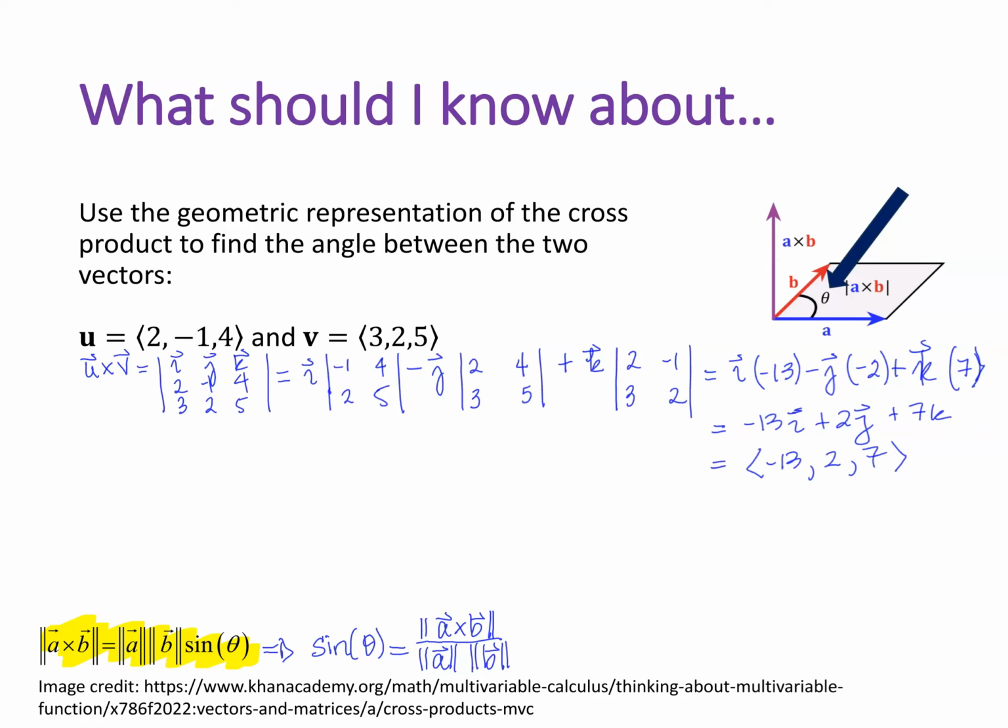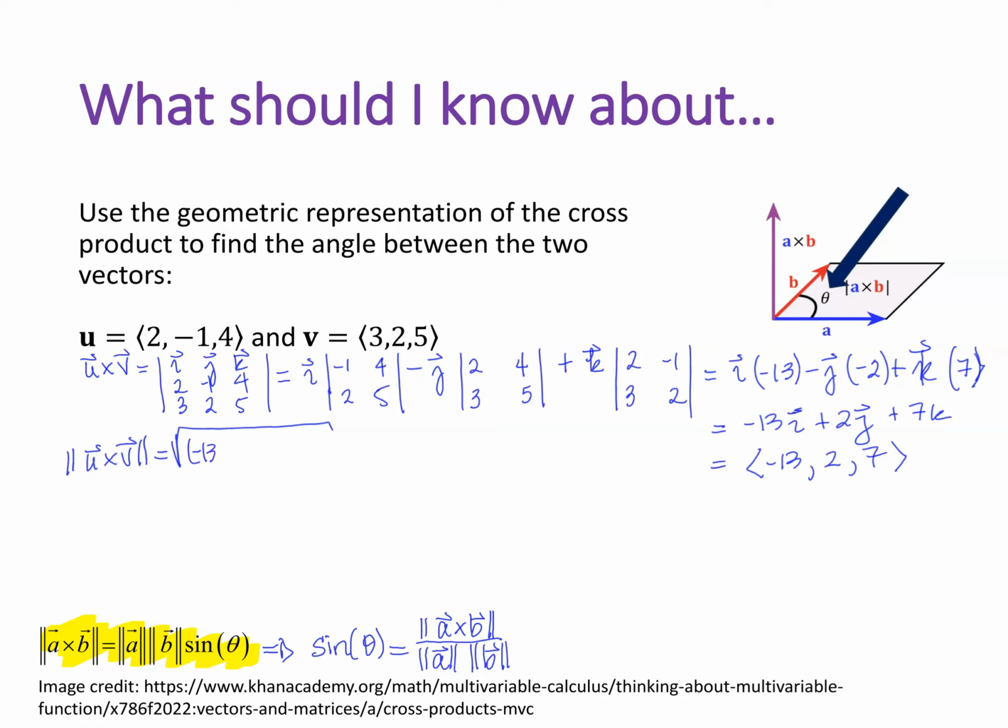Now we need the magnitude of that. So we'll do the magnitude of u cross v. That's going to be equal to the square root of the x component squared plus the y component squared plus the z component squared.